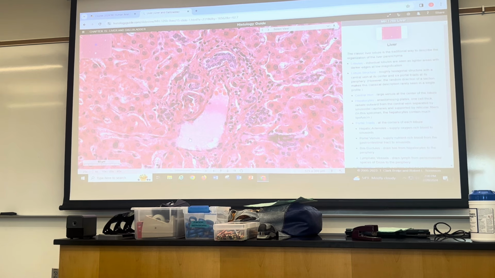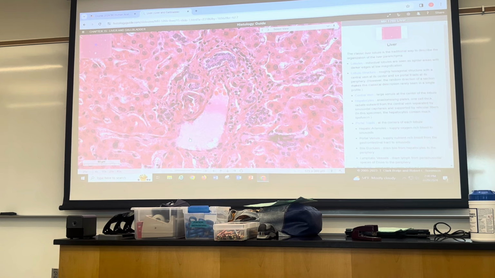The hepatic portal vein, is that the blood that's coming in or going out? Coming in. Because the blood that's going out is going where? The hepatic vein. From what structure in the lobule? The central veins.